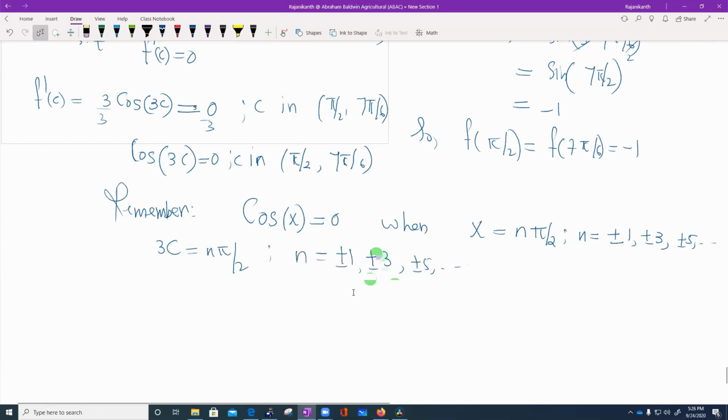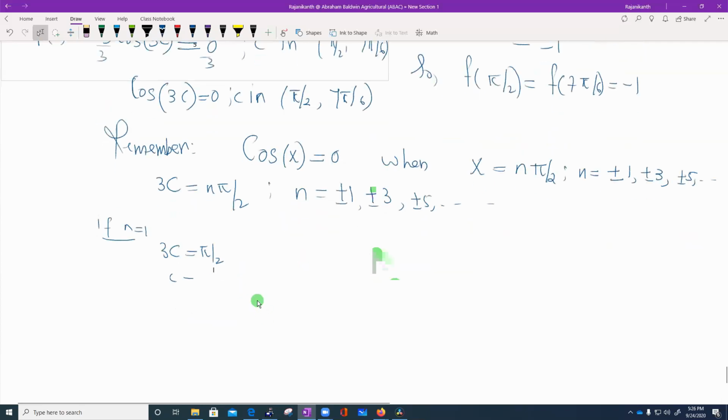But we don't think about negative numbers now because the interval is all positive values. Therefore, you have to look for the positive odd multiple, okay? So I'm starting with 1. What will happen if n is 1? If n is 1, plugging 1 here will give you 3c is pi over 2, right?